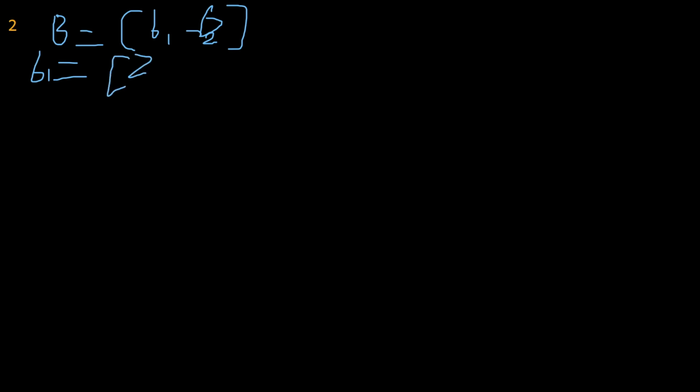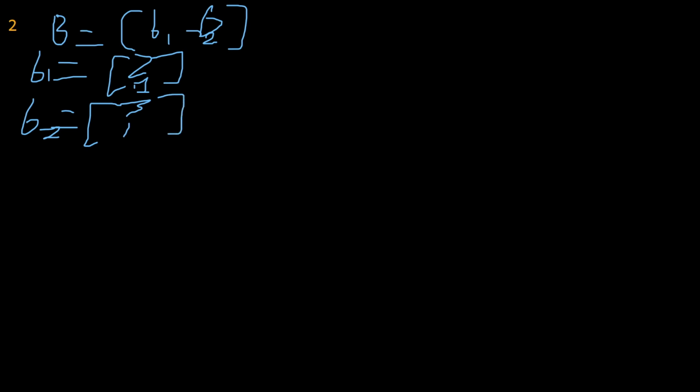All right, just as the standard basis showed us a good idea of what we're looking at, let's suppose we have some basis B with B1 and B2. B1 is equal to (2, 1), and B2 is equal to (3, 1).